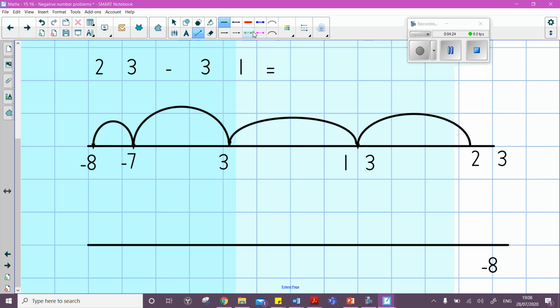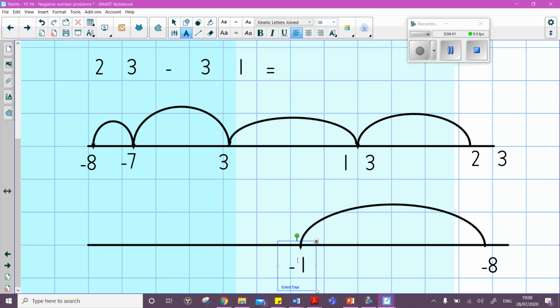And again, to make it a bit easier for myself, and as my strategy, I'm going to break that number down. I'm going to partition it into my tens and ones. So I'm subtracting 15, counting back 15. So I'm going to subtract a 10 first. So minus 8 minus 10 is minus 18. And then I'm going to subtract my 5 ones. And I can do that in a jump of 5.